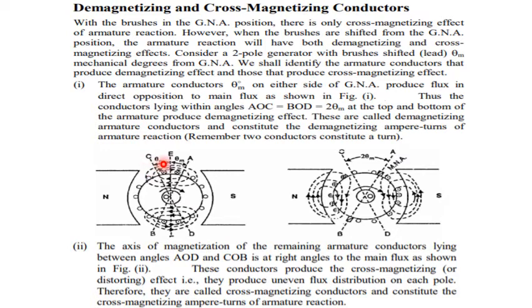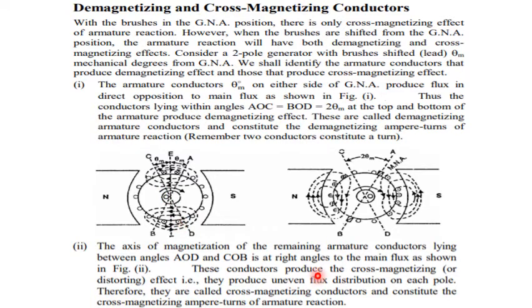The main flux direction is north to south in this direction, and south to north in this direction. The conductors lying within the angles AOC or BOD, the top region and the bottom region, have an angular displacement of 2 times theta m. Here one theta m, here one theta m, so 2 times theta m. Again here also theta m and theta m, so again 2 times theta m.